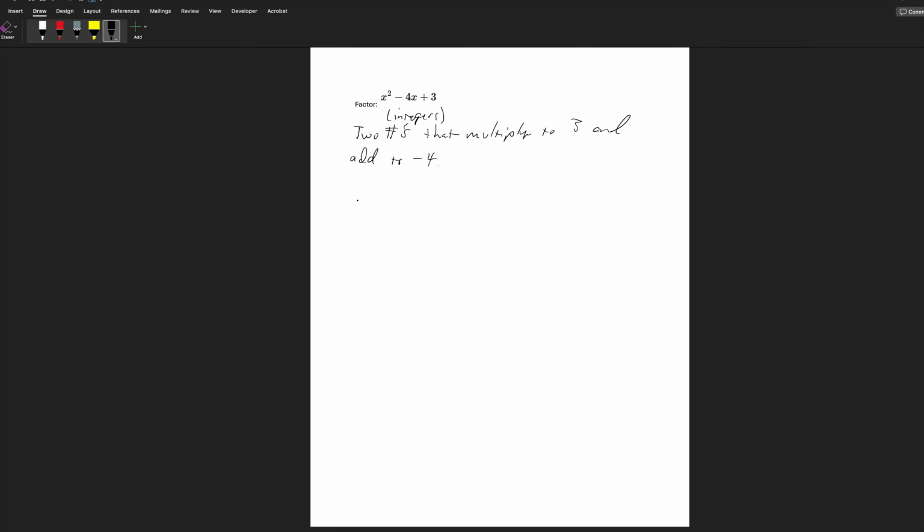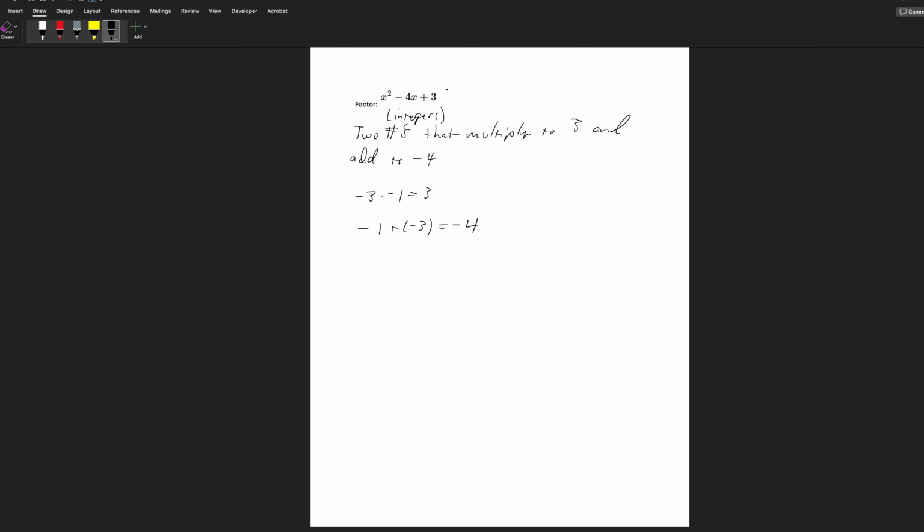So here it's not too complex. The two integers are -3 and -1, because this is true. They multiply to 3 and they add to -4.